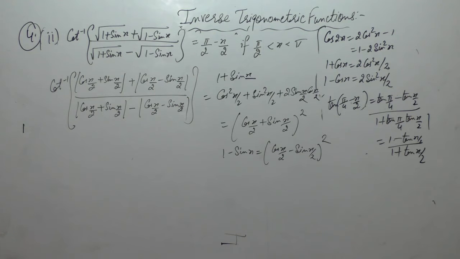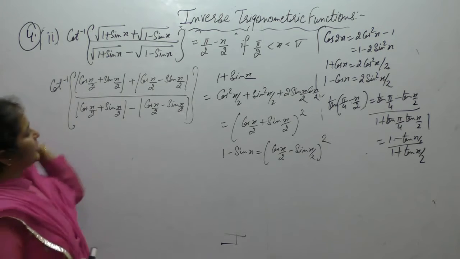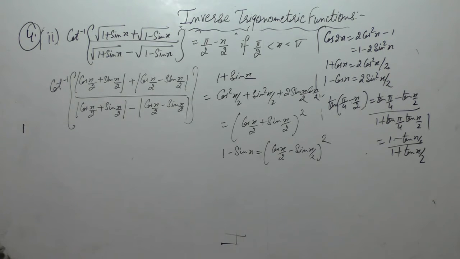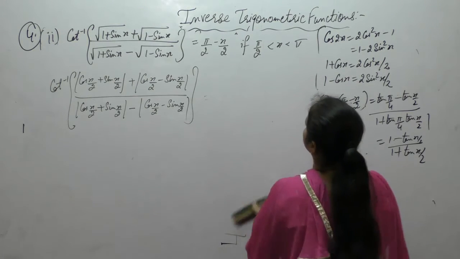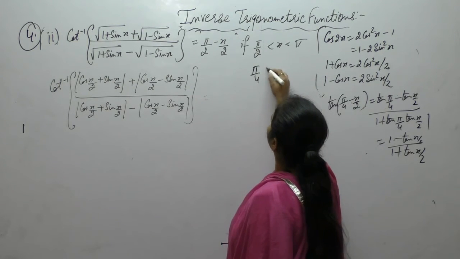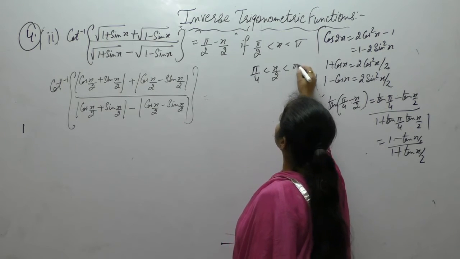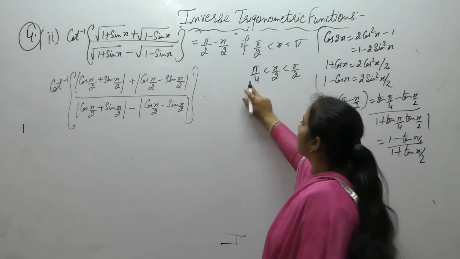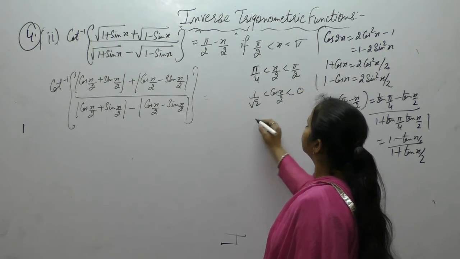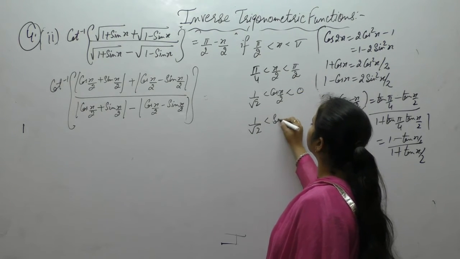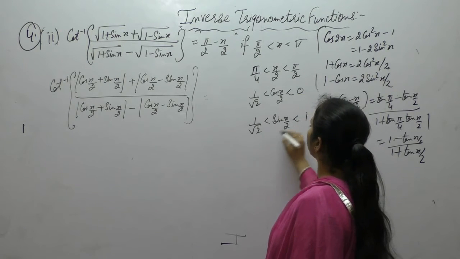Clear up to here? Now the limit is between pi by 2 to pi. Now the angle here is x by 2. So what we get? Divided by 2, pi by 4 to x by 2 to pi by 2. Cos pi by 4, cos 90, sin pi by 4 and sin 90 is 1.